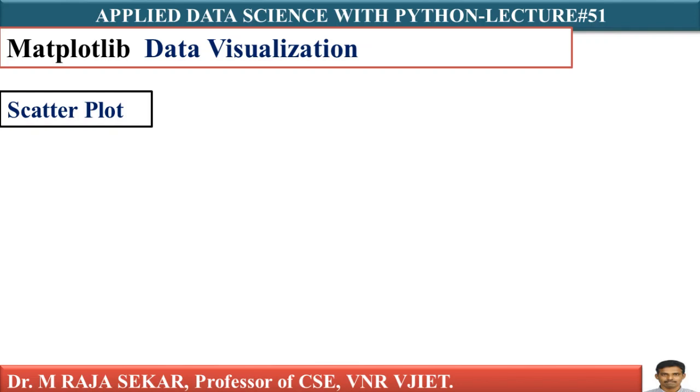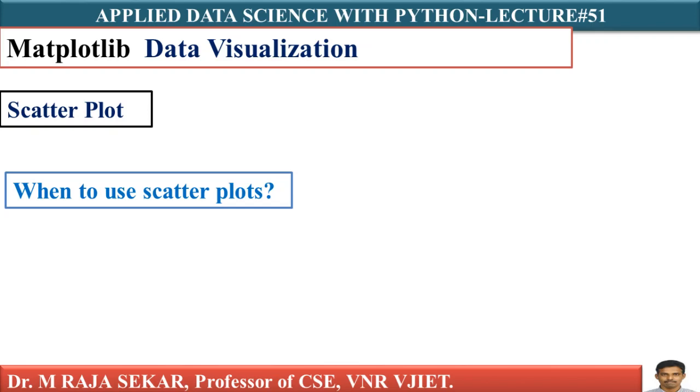There can be a question: when to use these scatter plots? Basically, scatter plots are used to convey the relationship between any two numeric variables, that is, how one variable varies with respect to the other variable.